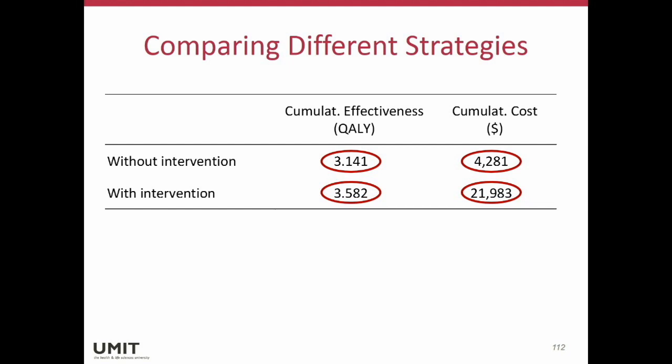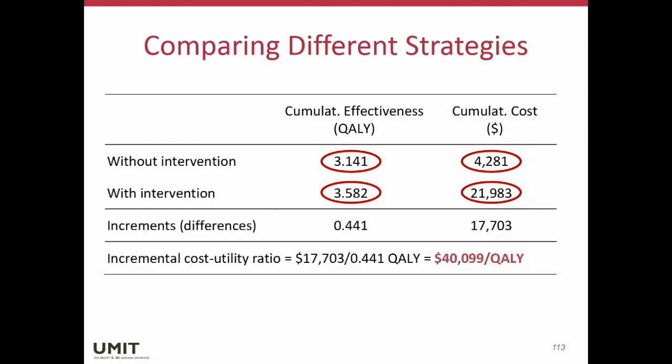Very good. So now, since we see that none of the strategies is in this red or in this green box, because we see that we have an additional effect, but also additional costs, we need to calculate the ICER. And the ICER that we calculated here, the incremental cost-effectiveness ratio, is $40,000 per QALY.